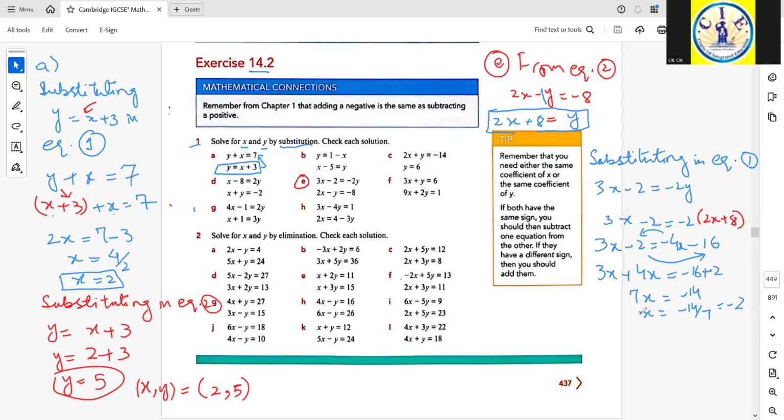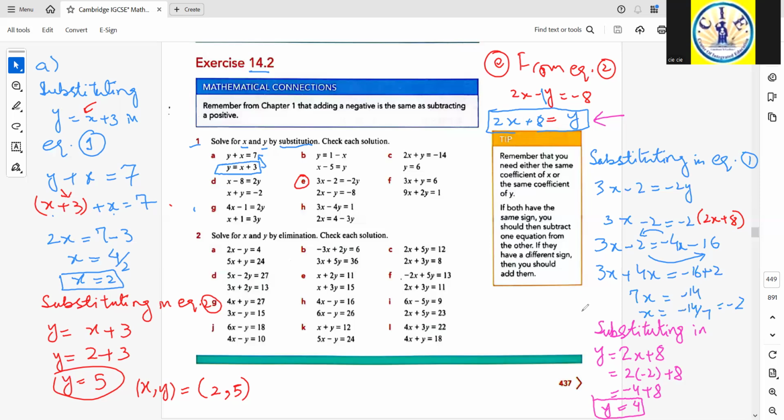Once we have got this value of the variable x, now we will be substituting in this equation to have the value of the other variable y. 2x plus 8 will give me 2 times negative 2 plus 8, negative 4 plus 8, that is positive 4 only.